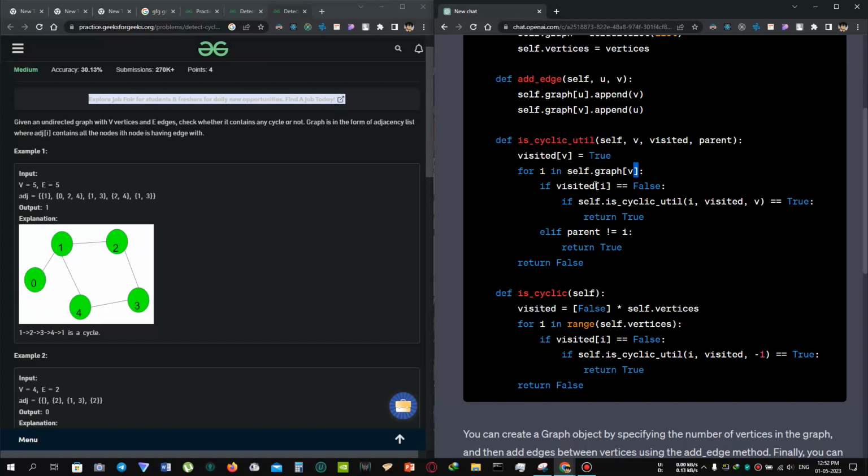So what we will do is that here we have a condition that if parent is not equal to I, then return.